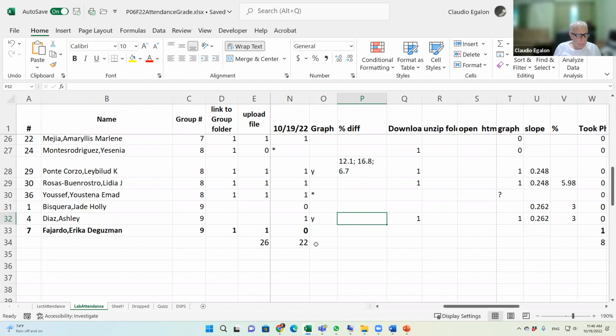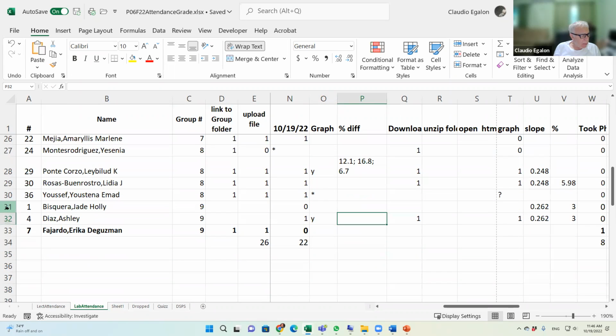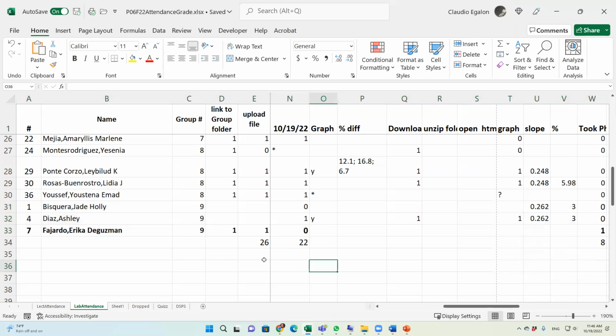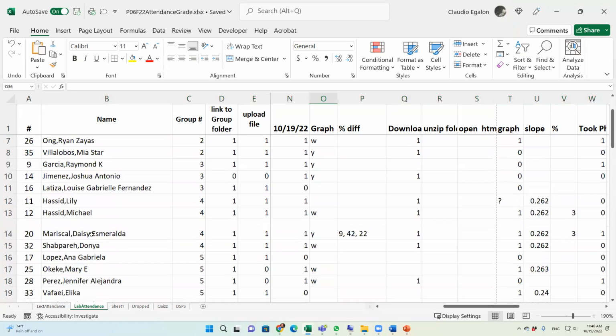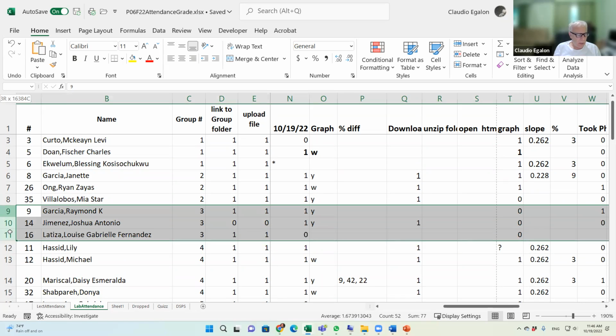Do you need any help to find that out? Yeah, I was doing it with group 3. Okay. Are you using the spreadsheet of group 3 or group 9? Group 3. Okay, you're using the spreadsheet of group 3. So let's see here. 3, 3, 3. Okay.